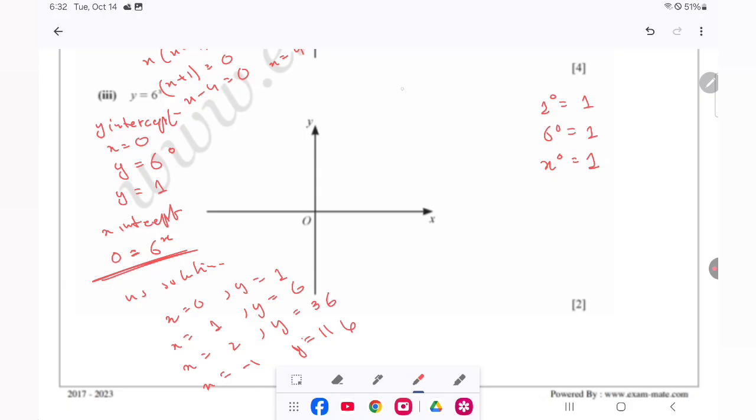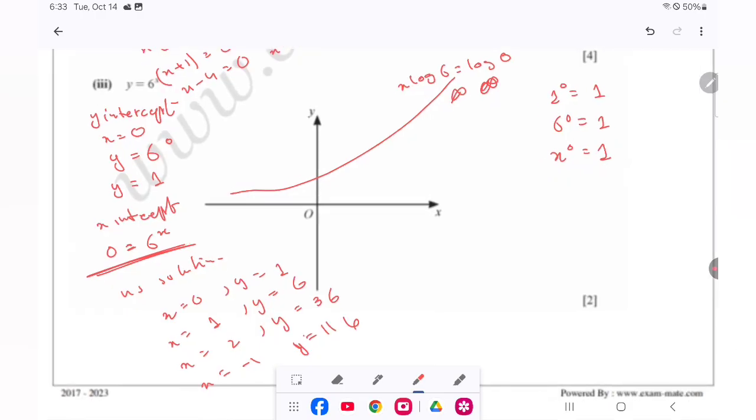If we say that x log 6 is equal to log 0, that means it is an infinite number. So the graph will go on to infinity. This is the solution of the third part.